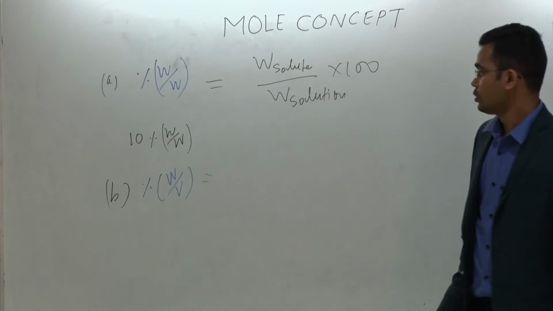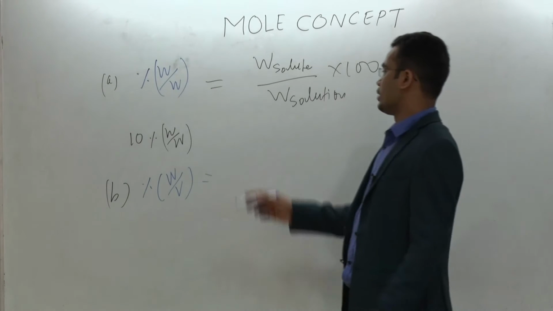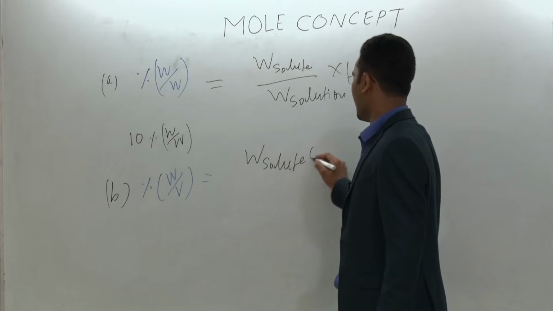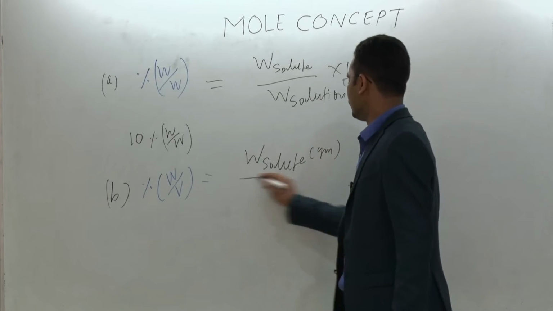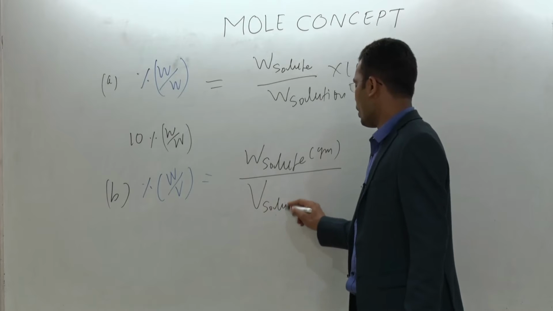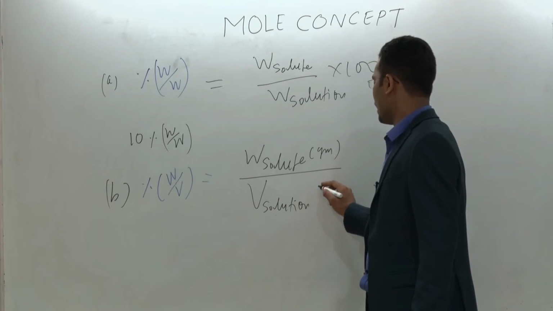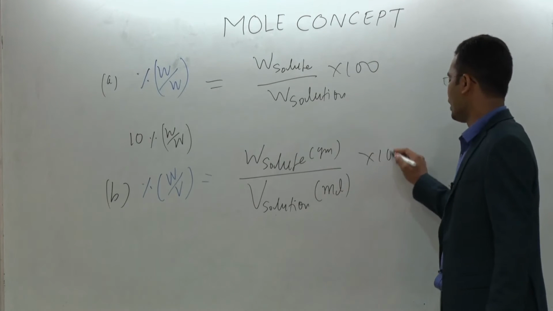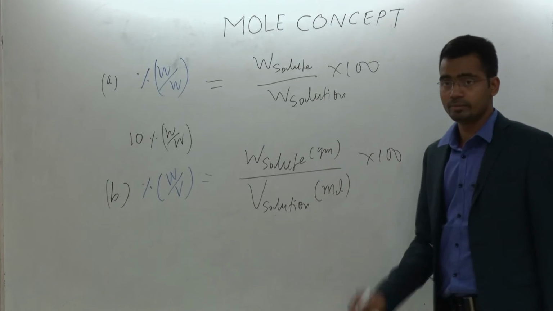Clear? So it is equal to weight of solute in gram divided by volume of solution in milliliter, multiplied by 100.